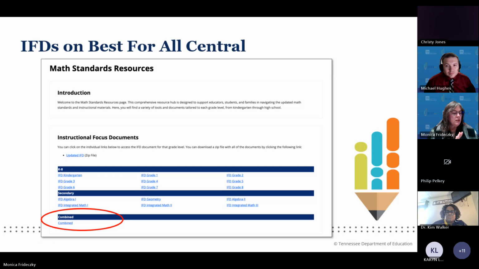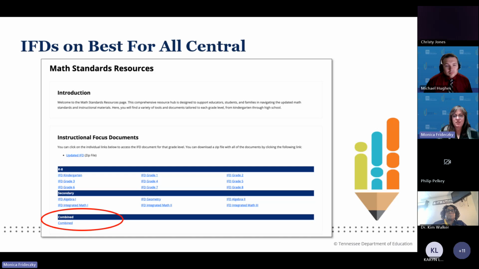Some people who've shared with me their experiences in using the IFDs like to download them onto their iPad, their laptop, or even their phone, so that they can take them with them as they do their math IPG walks.